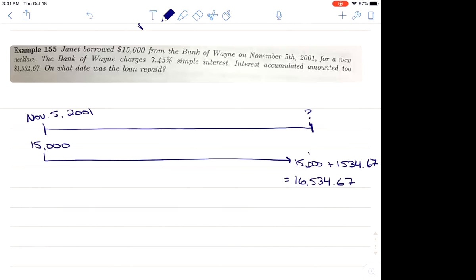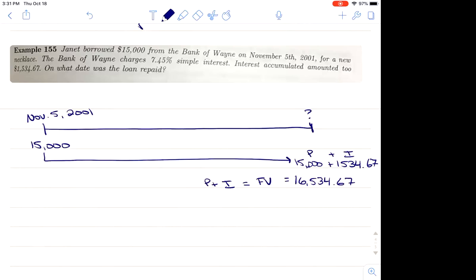So this is your P plus I. P plus I is the future value. So from here, you could take your future value and subtract the principal amount to find the amount of interest.